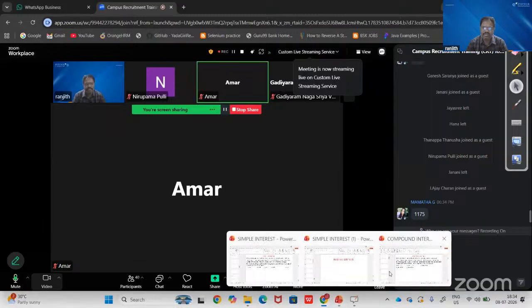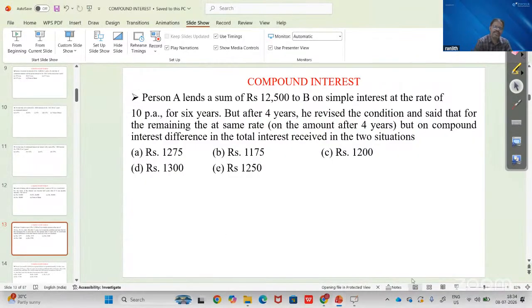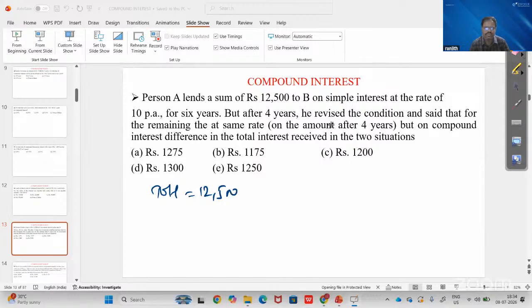Direct answer. Person A takes some amount, so total will be equal to 12,000. So 10 percentage for 6 years. I equals TR, 10 into 6 equals 60.